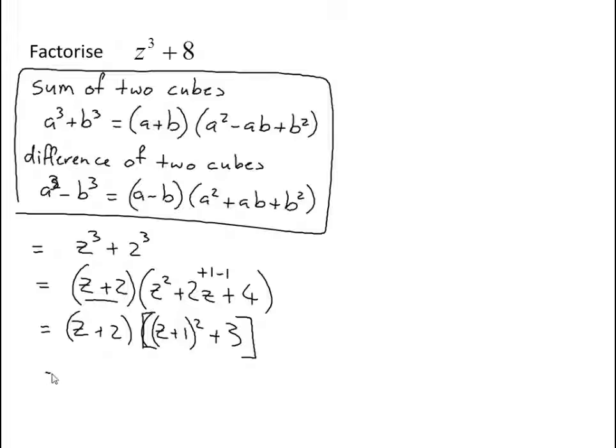So that gives me z plus 2, and using my difference of two squares here, that's going to be z plus 1 minus root 3i, z plus 1 plus root 3i. And there are our three factors.